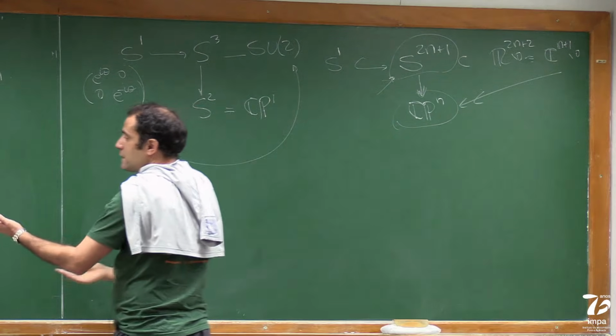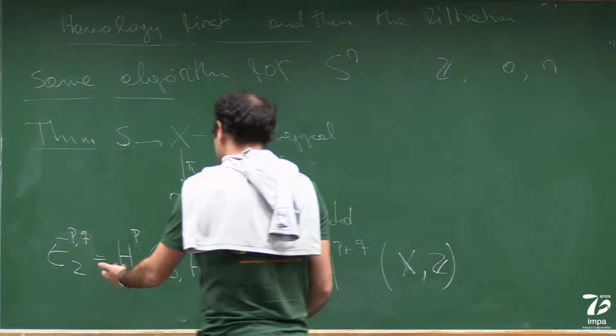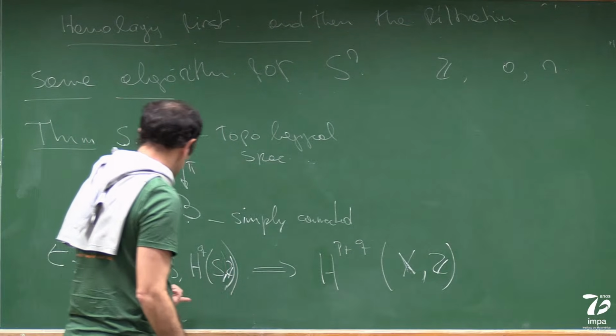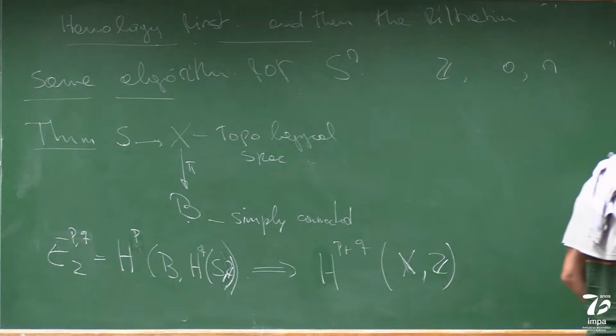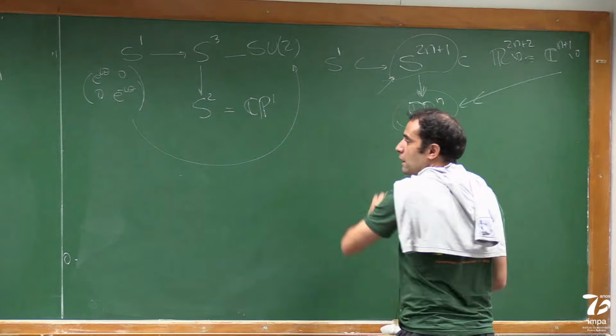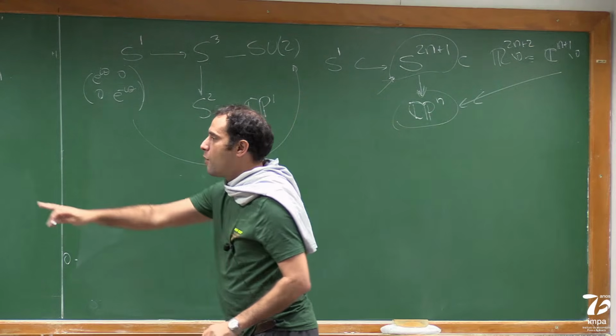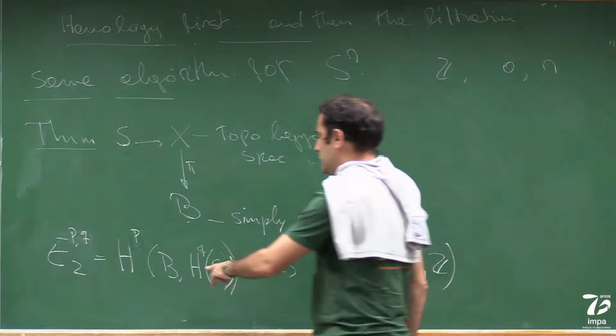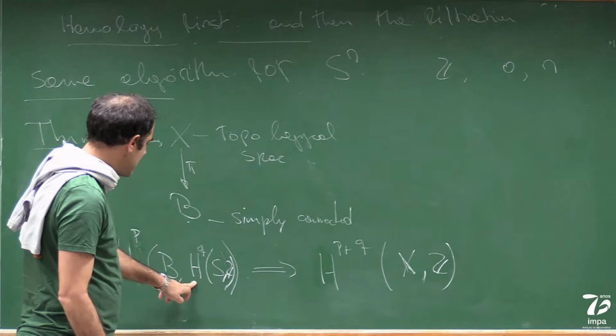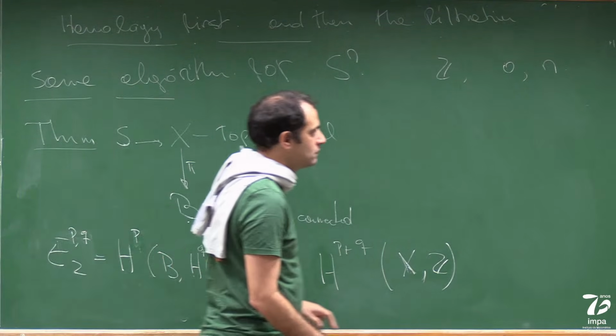So what is this E2 term here? Well, the base is this CP^n, and that's what appears there. And what I see is the homologies of CP^n with coefficients in the homologies of S1.